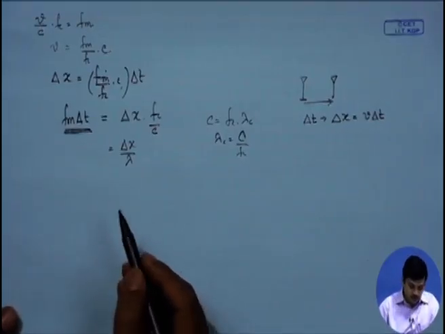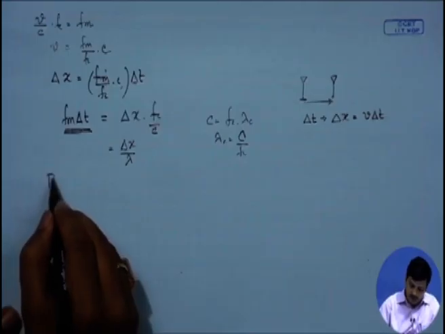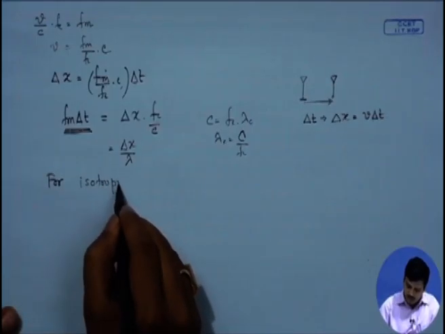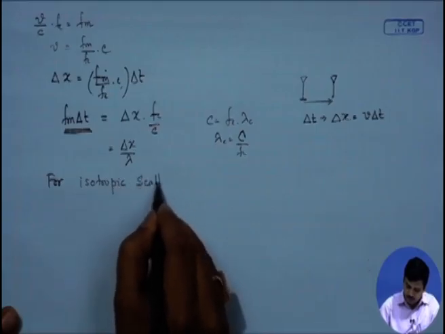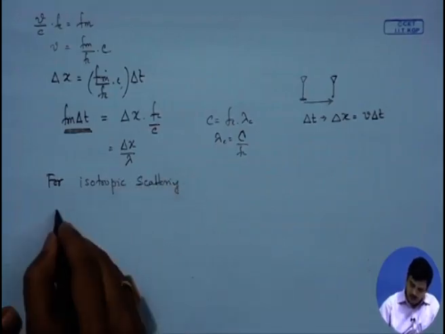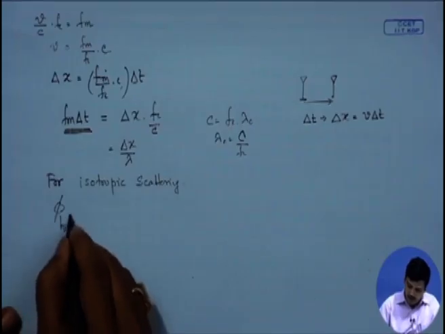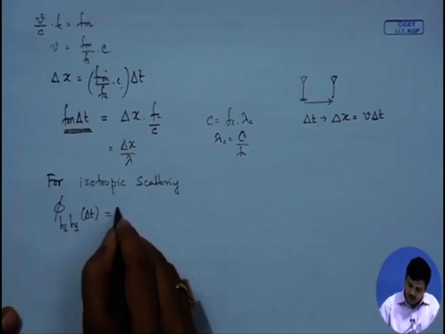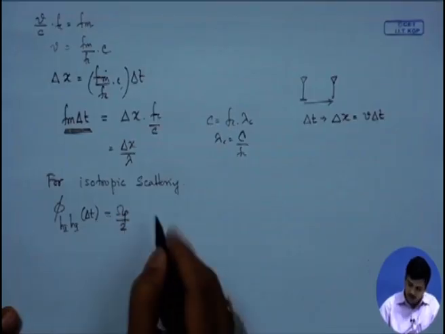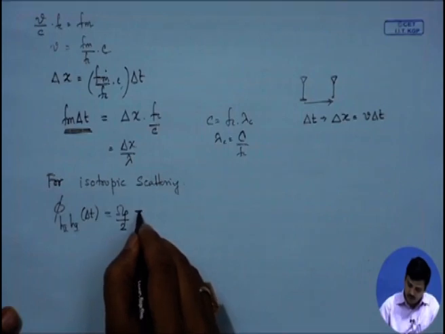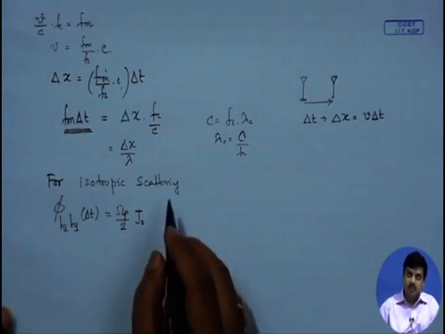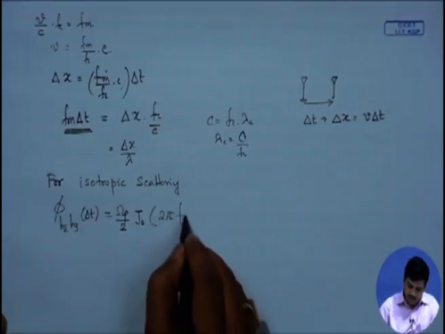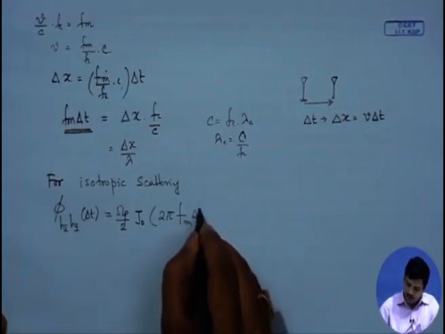This particular product which we have written over here is something which you have encountered before. So you already know that for isotropic scattering, phi of delta t is equal to omega p by 2 times J0, where omega p is the total received power and J0 is the Bessel function of the first kind of zeroth order, of 2 pi fm delta t.